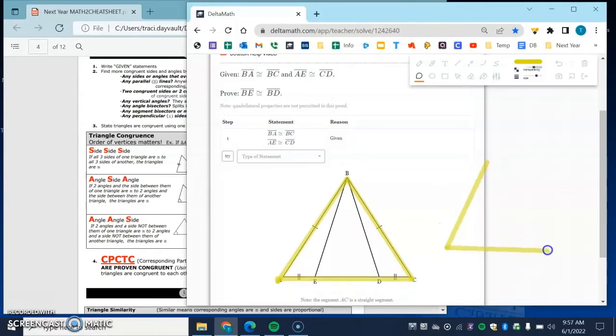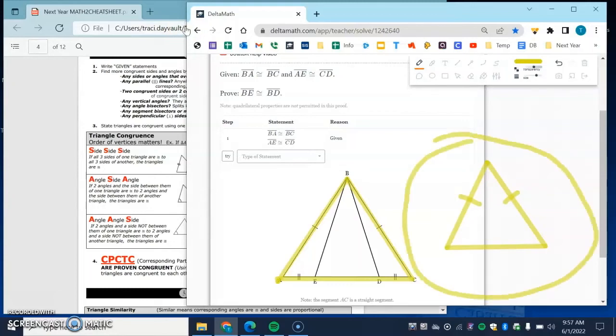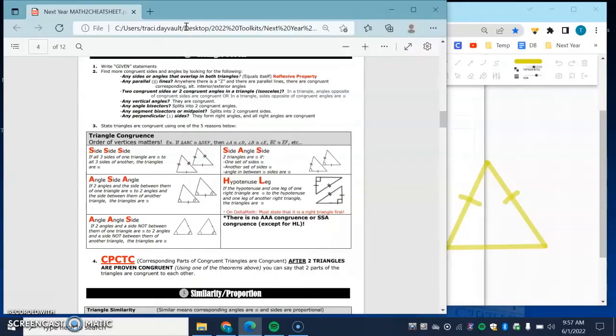If I come over here and draw it separately without the lines on the inside, and I mark that this side and this side are congruent, hopefully it's easy for you to see that that right there is an isosceles triangle. So yes, we do have two congruent sides in one triangle.